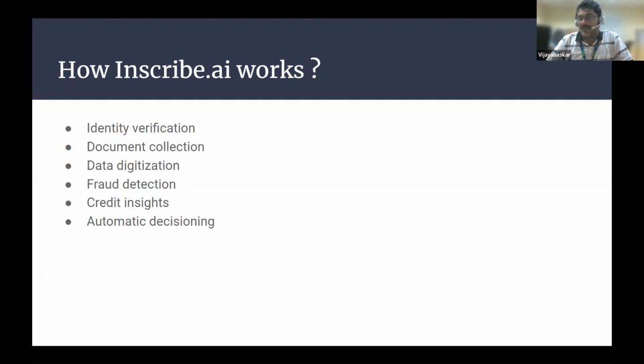And what Inscribe does is it will identify the customer and collect the information present in the uploaded documents, and it will make a trust score on the data within the documents, which is useful in fraud detection, credit insights, and also decision making.